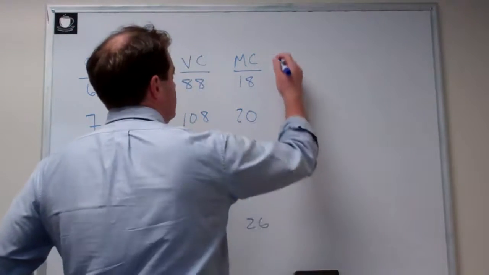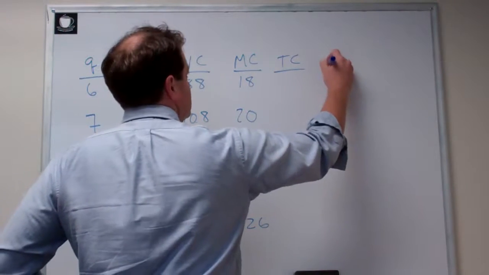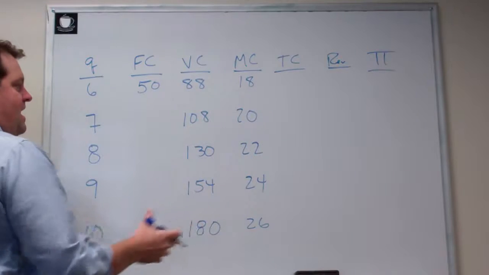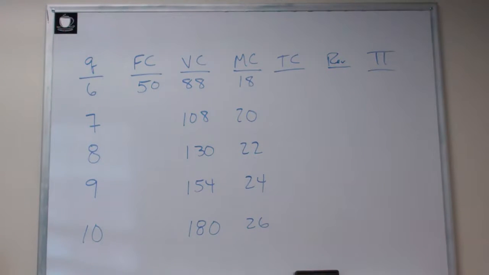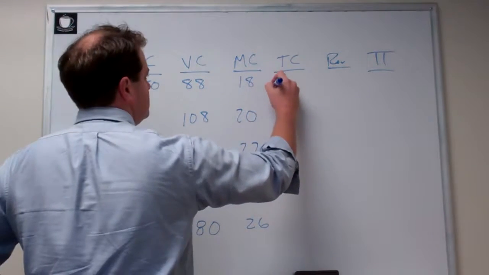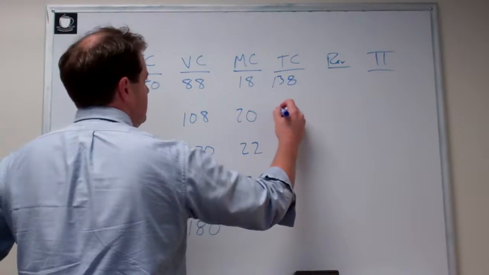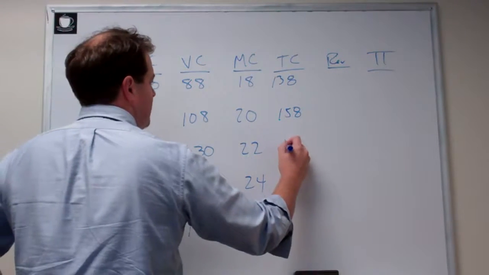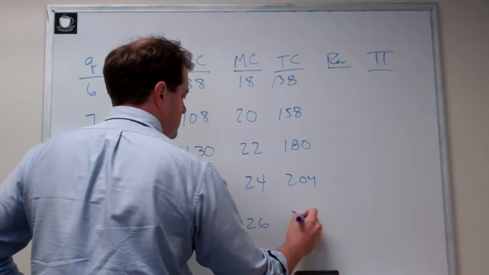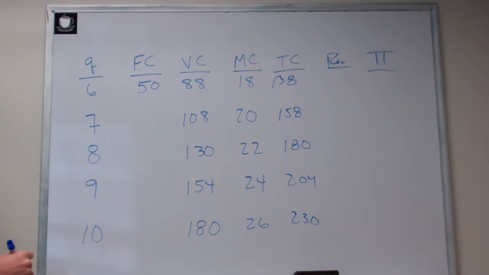The first thing we want to do is calculate total costs, calculate revenue, and then calculate profit. Then we can scan across all the different rows here, all the different possible output combinations we can come up with, and figure out which one maximizes profit. Remember, total cost is the sum of fixed costs and variable costs, so I'm just going to sum these together. Now I've got total cost.